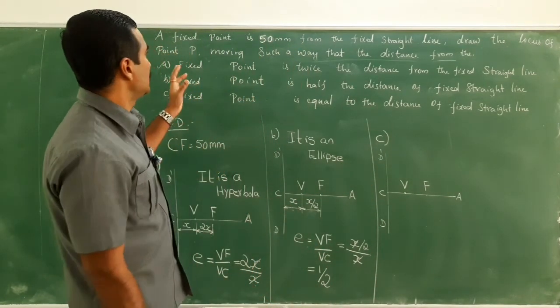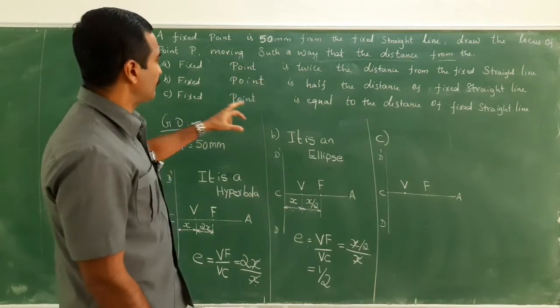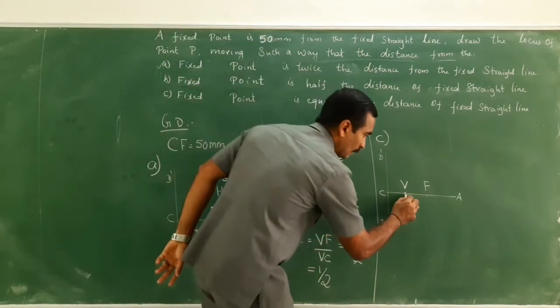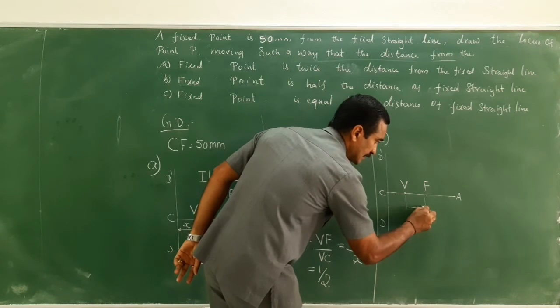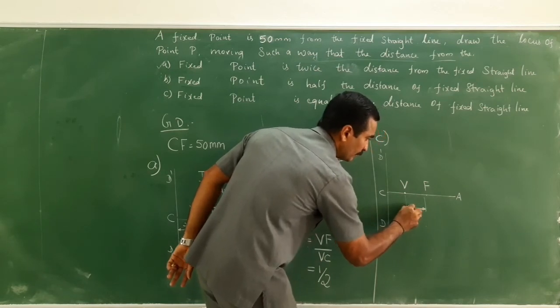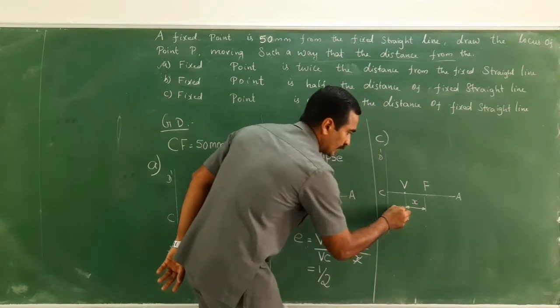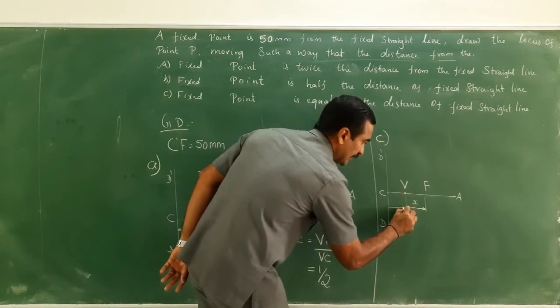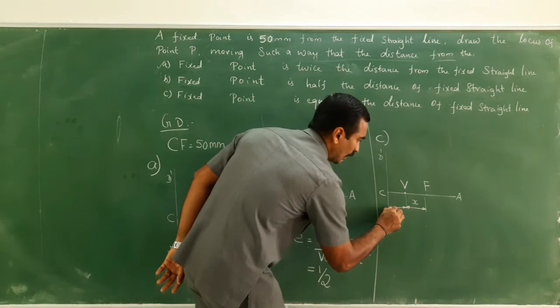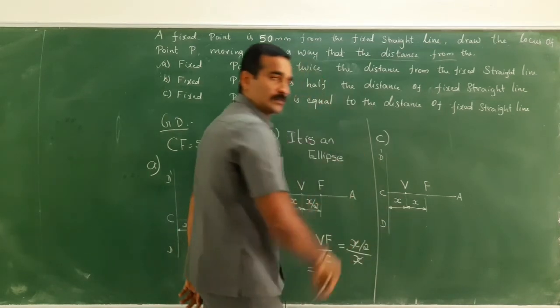If the distance from the moving point to the fixed point is x, then the moving point to the fixed straight line is also equal, so x.